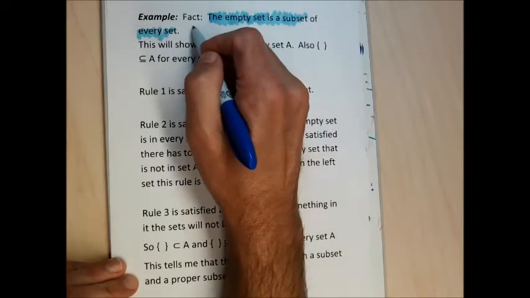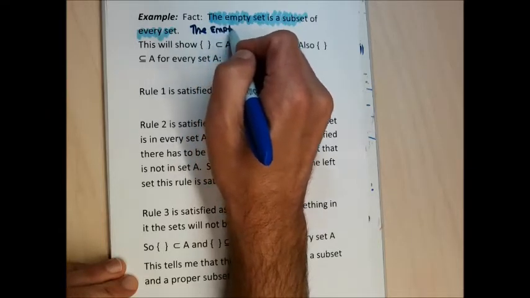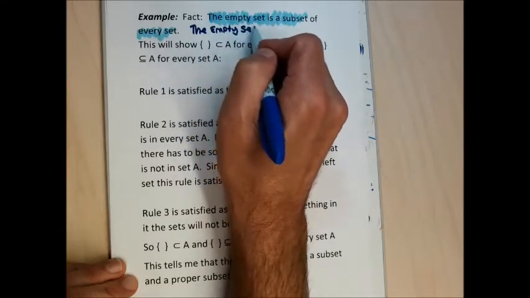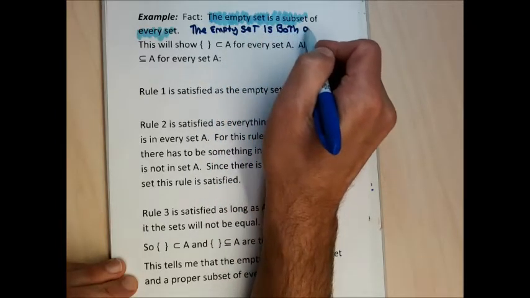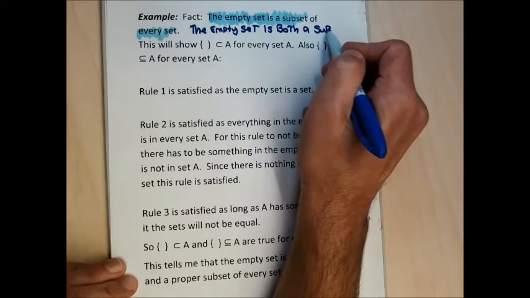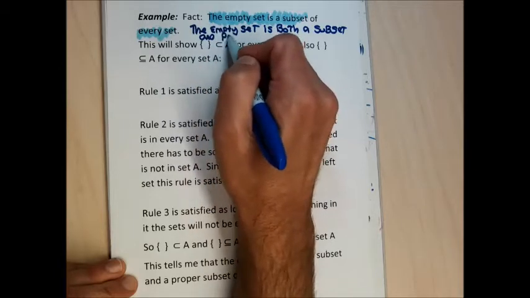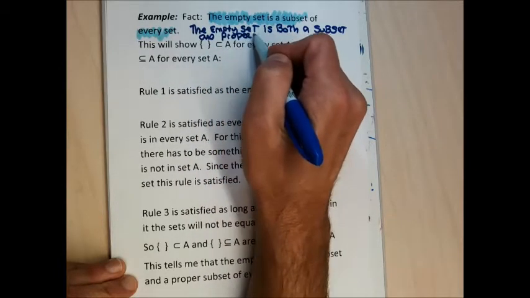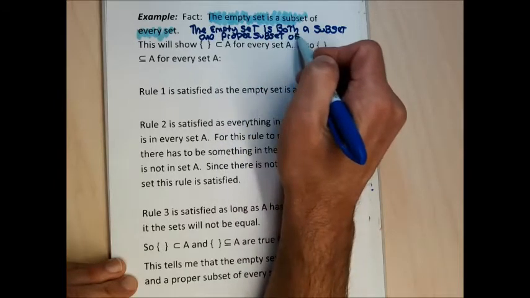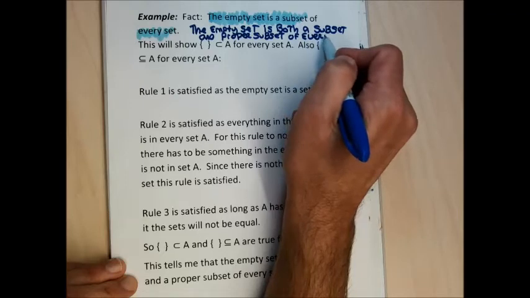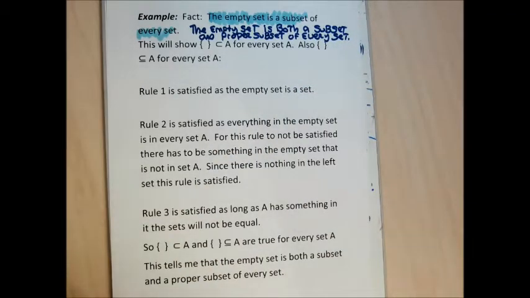I could probably say that. So I can say the empty set is both a subset and proper subset of every set. I guess as long as the second set isn't also the empty set to be a proper subset.